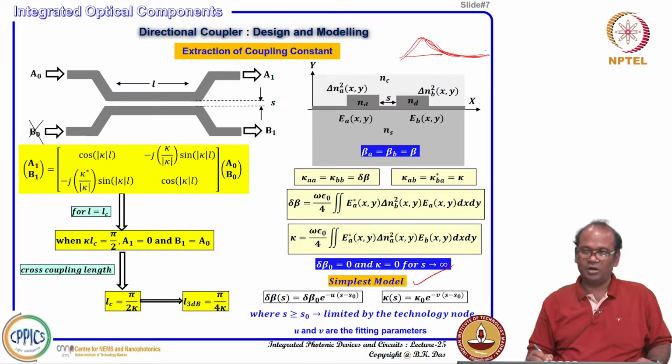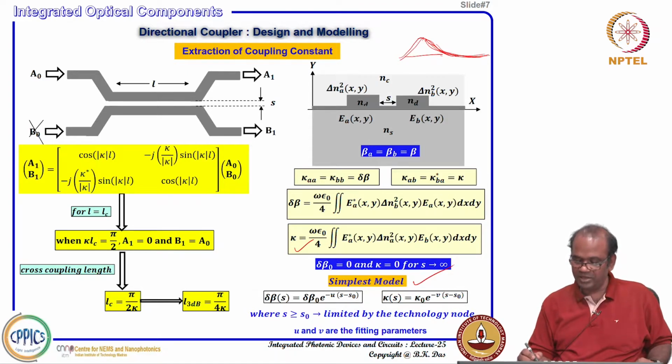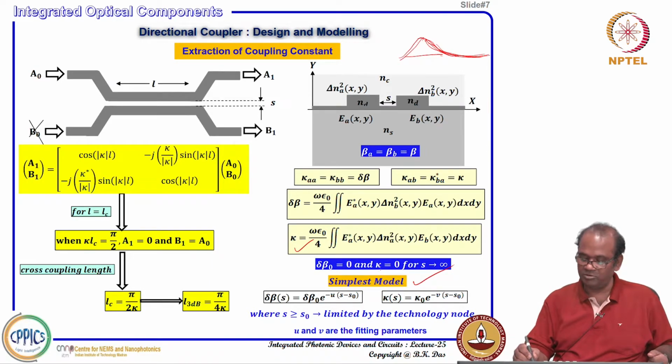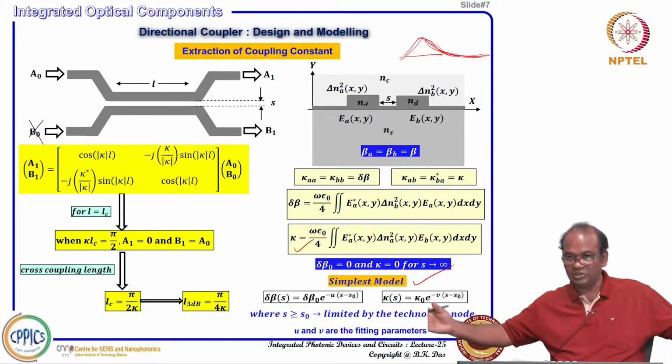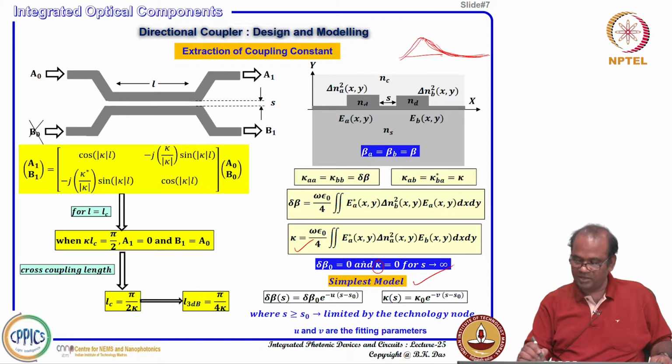For our compact modeling of the directional coupler, delta beta and kappa must depend on S. When S tends to infinity, kappa is 0 and delta beta is 0.